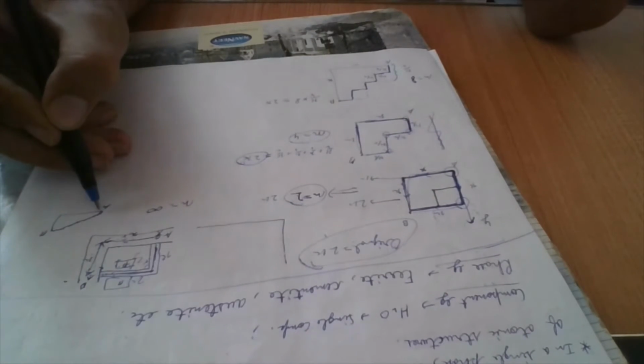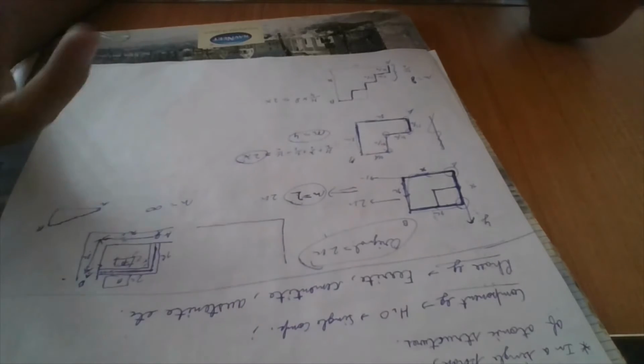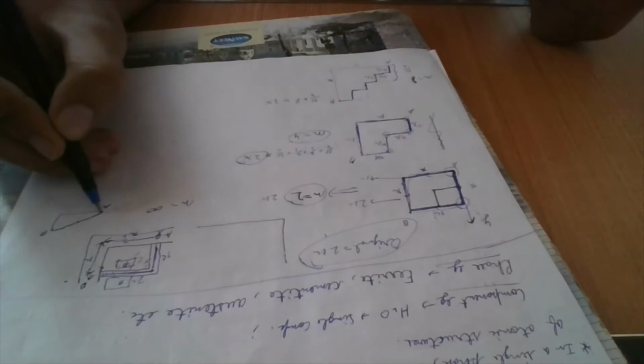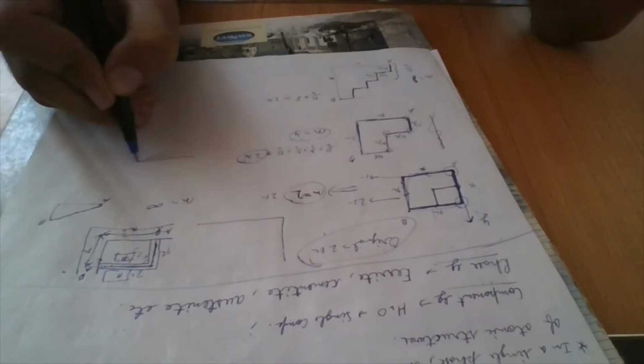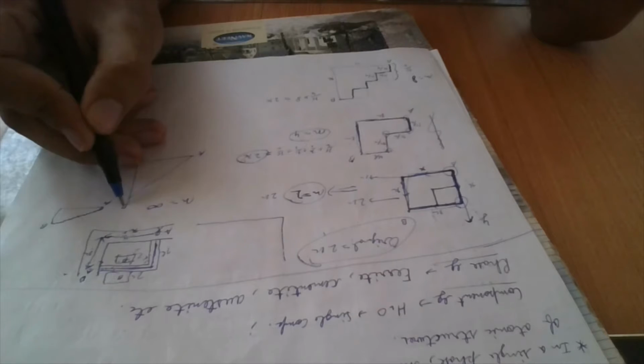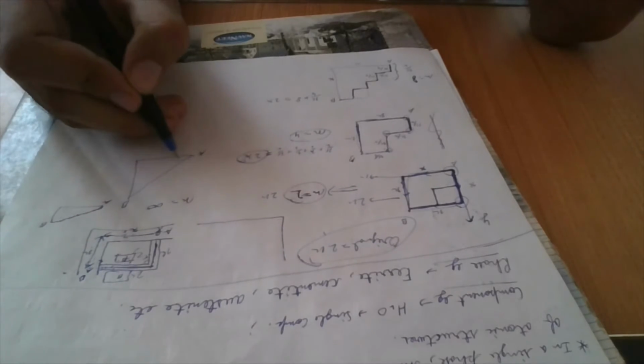But if we take n equals to infinity, as you can intuitively see, this path would become a straight line. Yes, you're right, it would become a straight line at n equals to infinity.